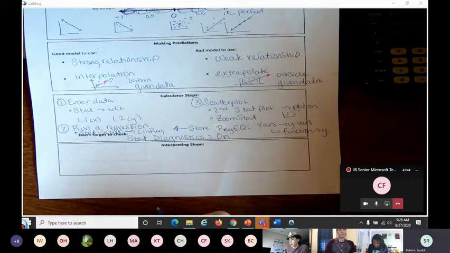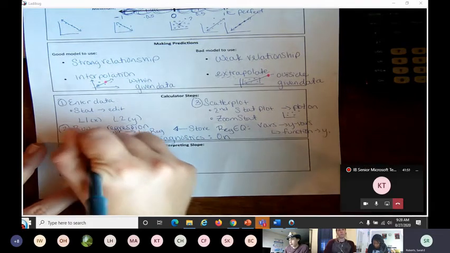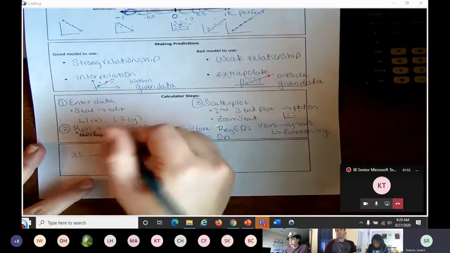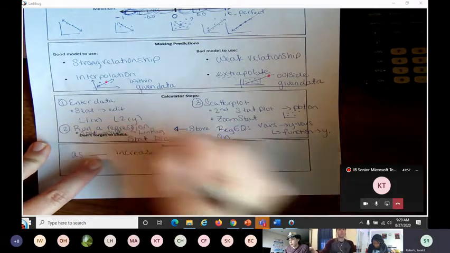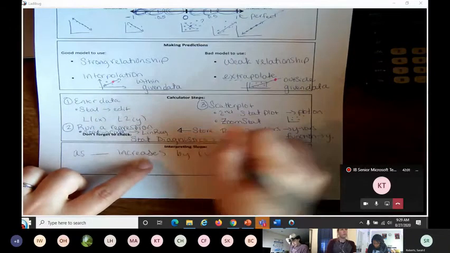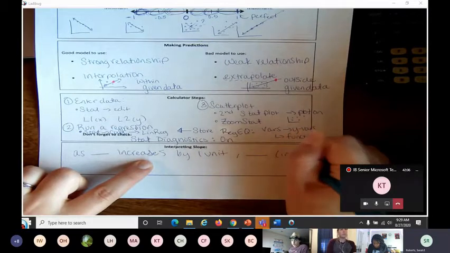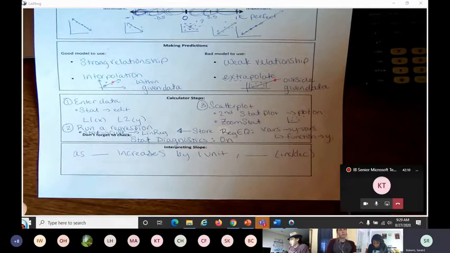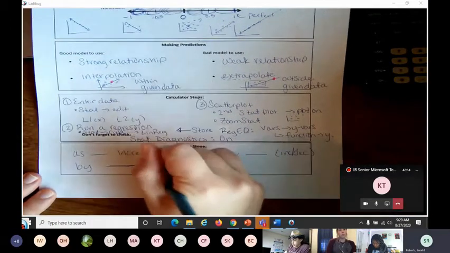Okay, so we're going to talk about interpreting slope next. So slope is, as one variable increases by 1 unit, our other variable is going to increase or decrease, depending on whether it's a positive or negative slope, by blank units.